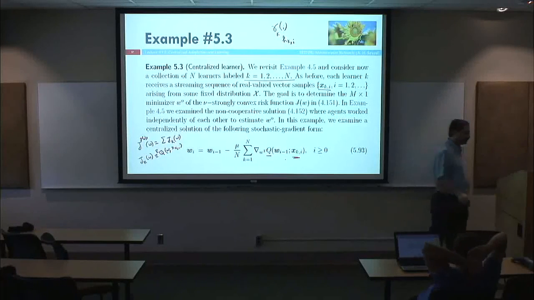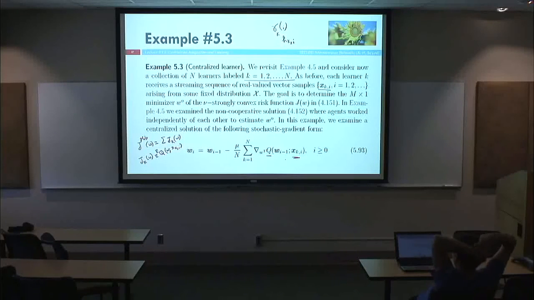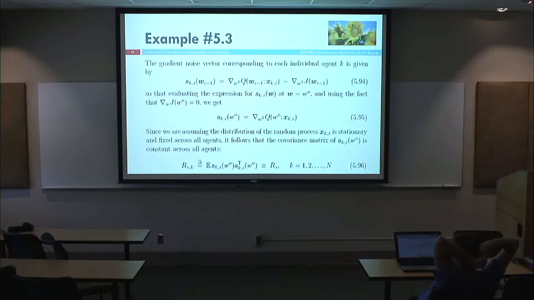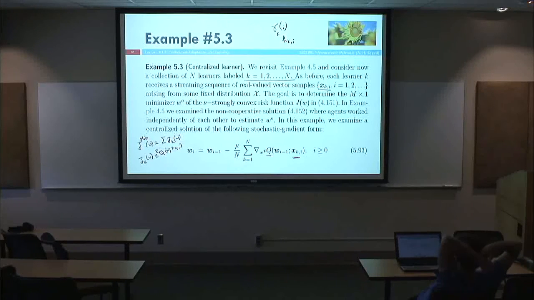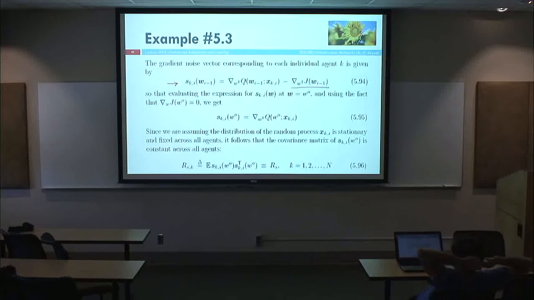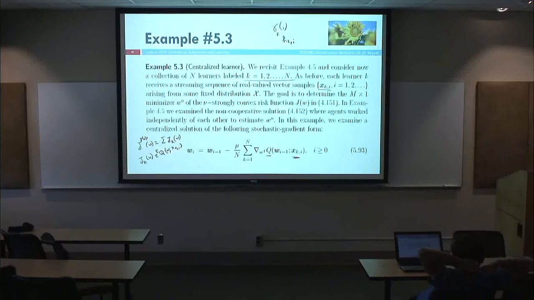The centralized solution is that. The individual gradient noise is the difference between the true gradient, okay? I'm assuming that the individual J's are the same.